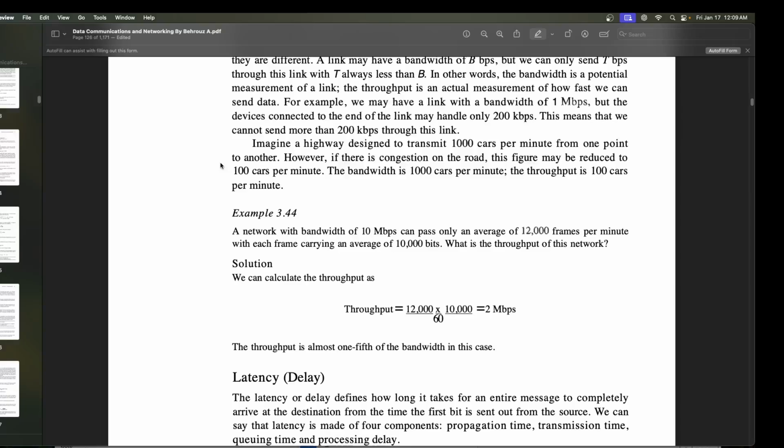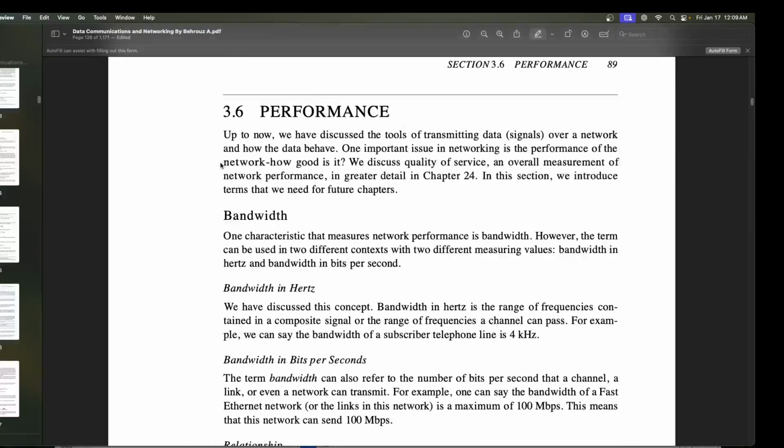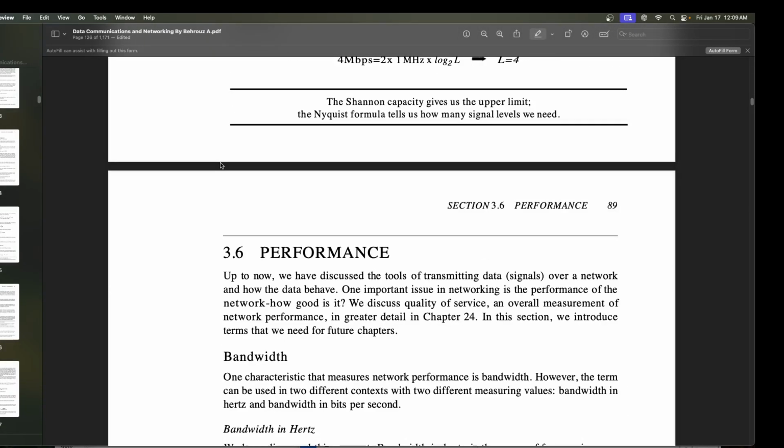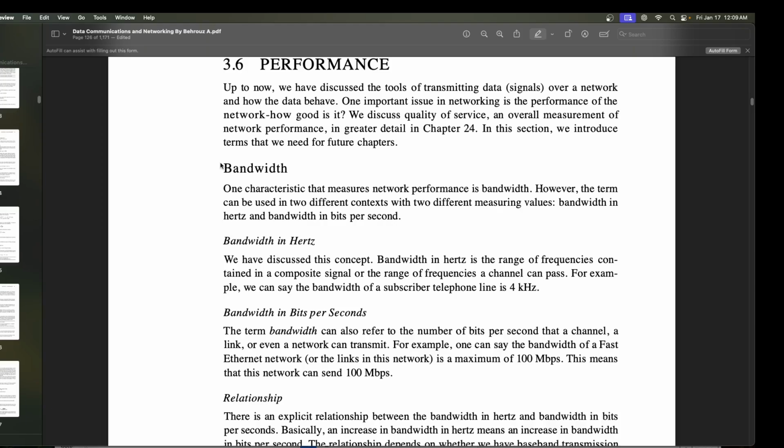Bandwidth, as I said, if I have a high bandwidth, it means a digital signal converted by the modulator to an analog signal can capture more bits.